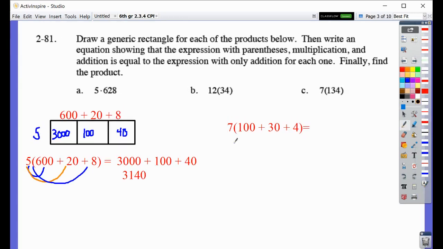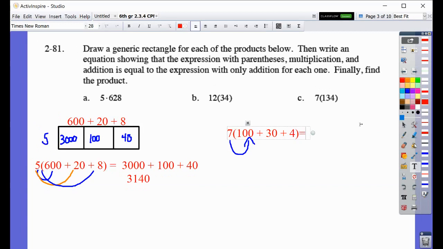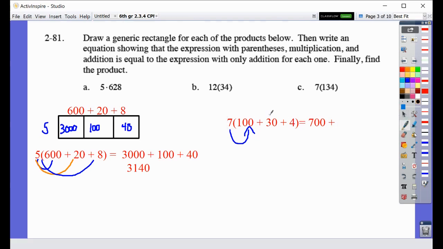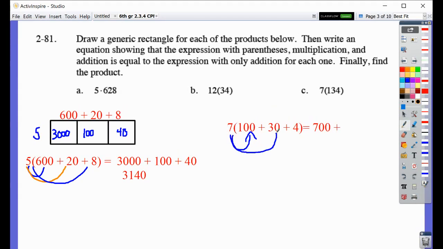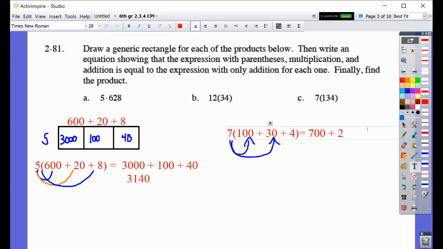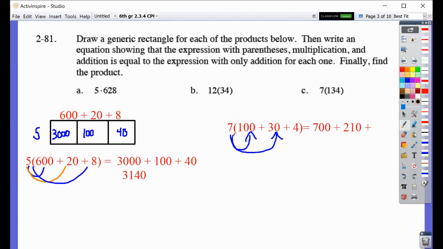Well, 7 being distributed to 100 would be 700. And then 7 being multiplied by the 30 would be 210. And then 7 being multiplied by the 4 would be 28.